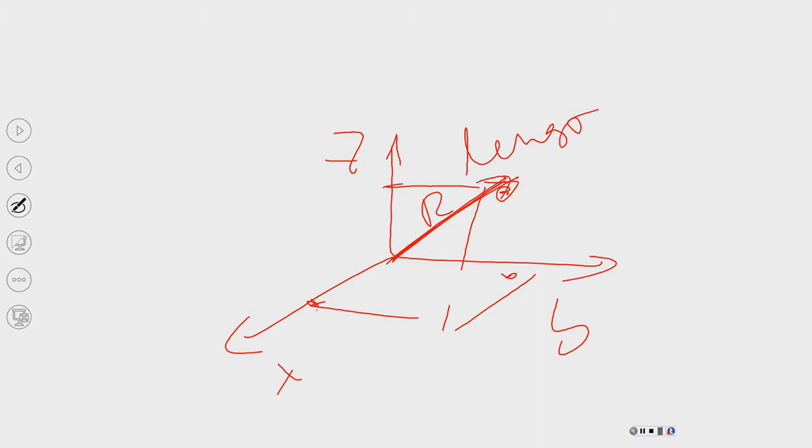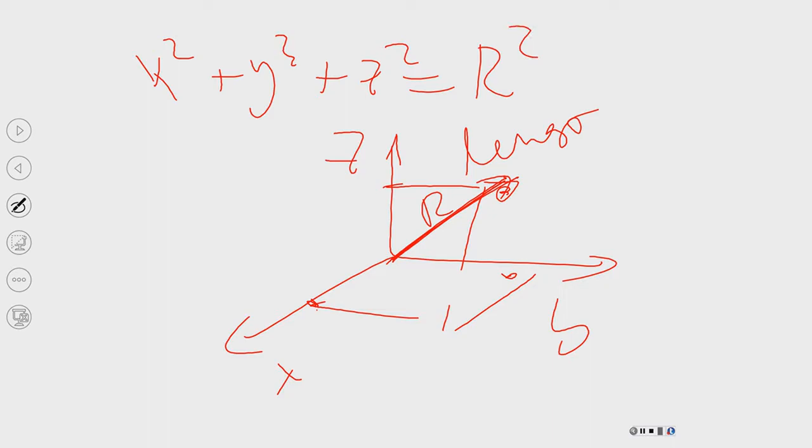And if you say that x squared plus y squared plus z squared equals r squared, so equals a constant, then each point is offset from the origin by a fixed radius. What is it? Which shape?